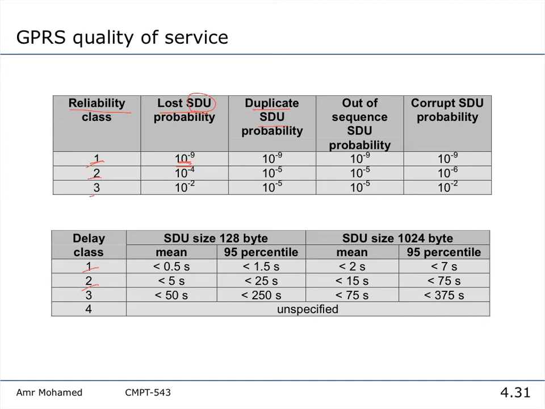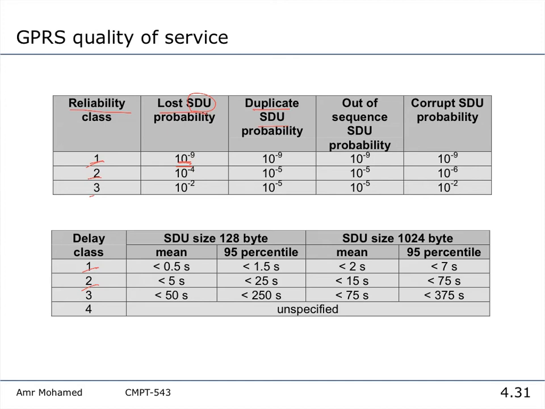But the idea is that quality of service is provided by GPRS through coarse level classes. They are not fine-grained. So again, class 1 is the most stringent when it comes to delay. So you have less than 0.5 seconds.